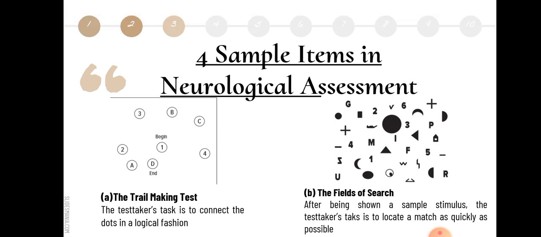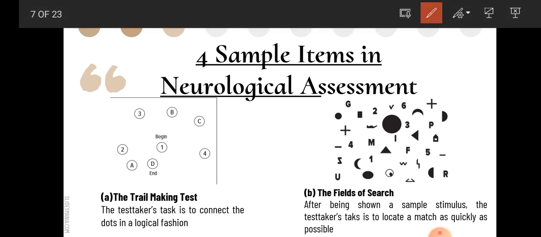So first we have here the trail making test. In the trail making test, the test taker's task is to connect the dots in a logical fashion. For example, 1 here, 2 there, and 3 and 4 there.